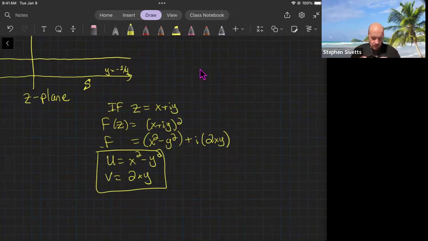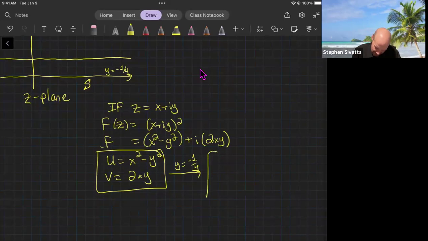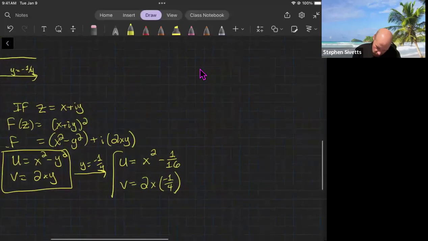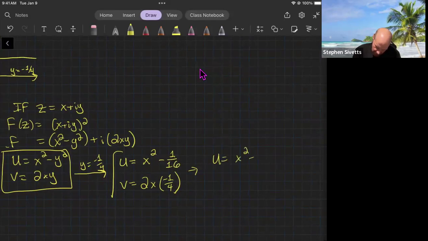Since we know that y is equal to -1/4, these equations become: u is equal to x squared minus (-1/4) squared, and v is equal to 2 times x times -1/4. Therefore, u is equal to x squared minus 1/16.